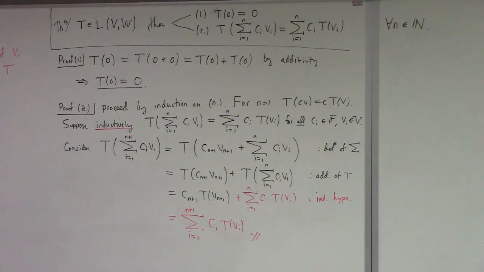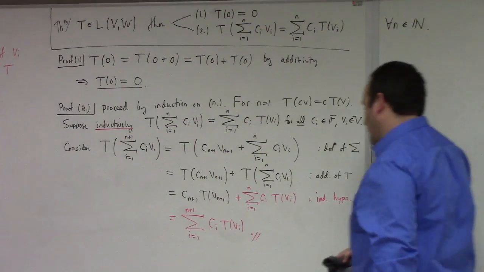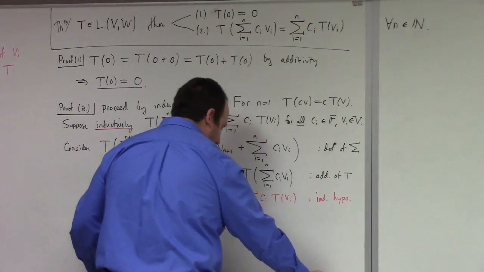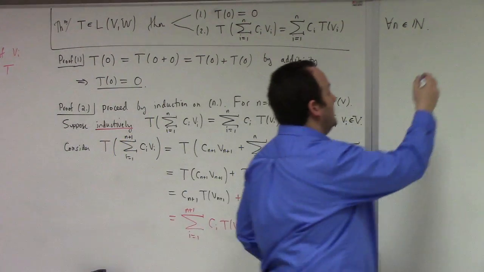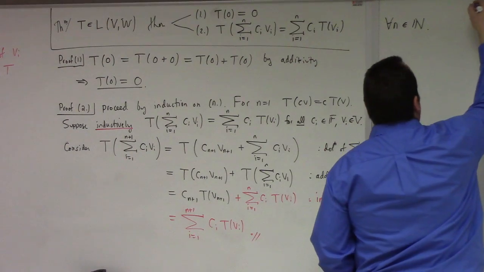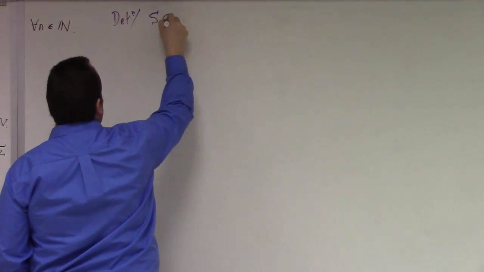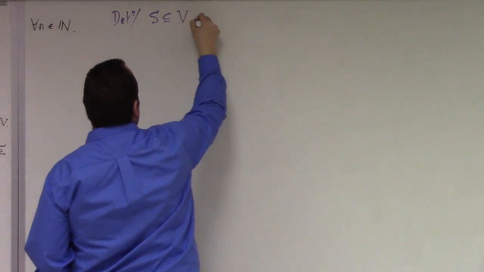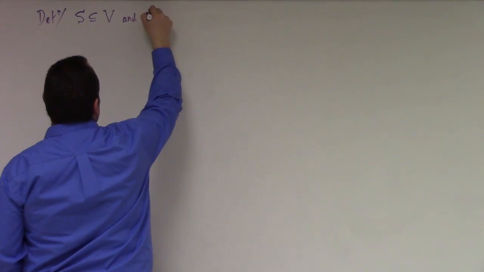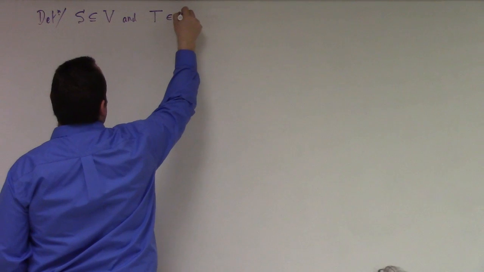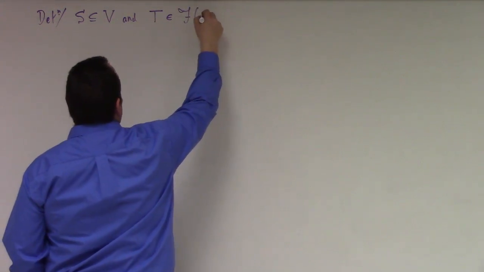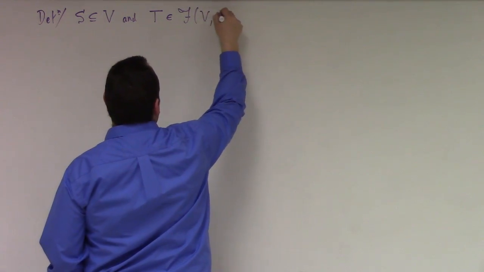Something that's almost immediate from what I've written so far is that if we feed a linear transformation a linearly dependent set, then its image. So let me just remind you the definition. If S is a subset of V, and T is like an element of, say, the functions from V to W, okay?